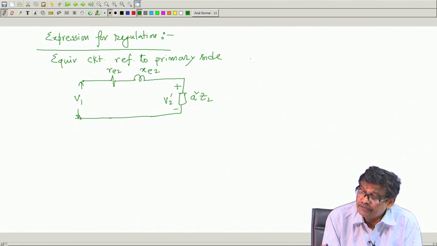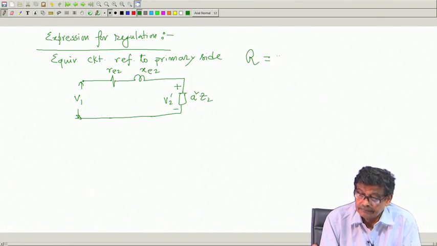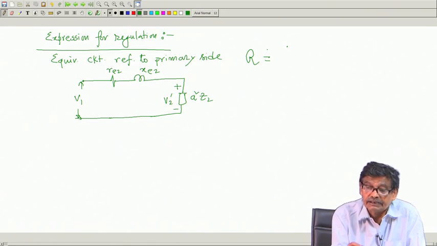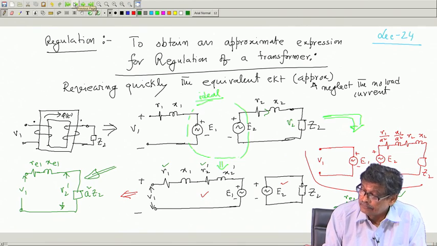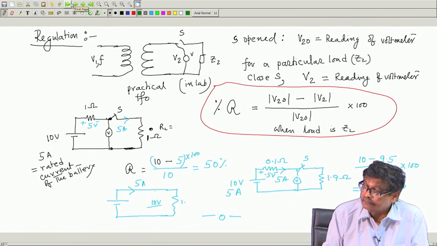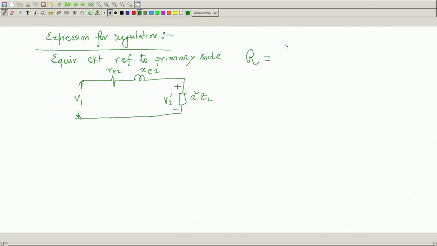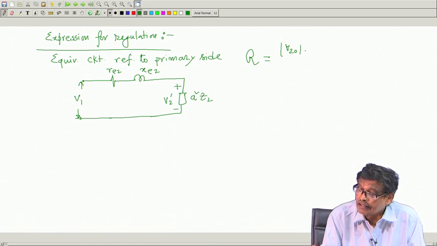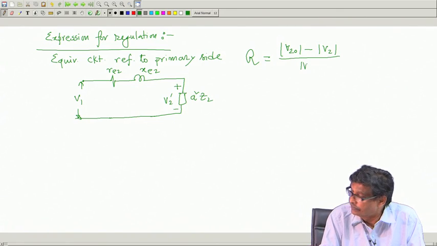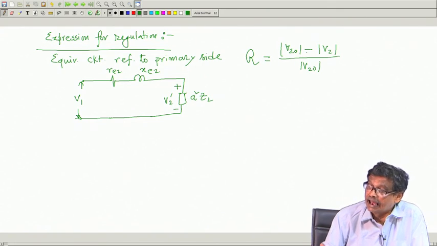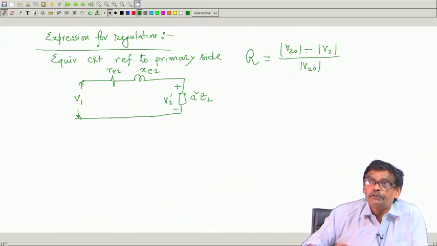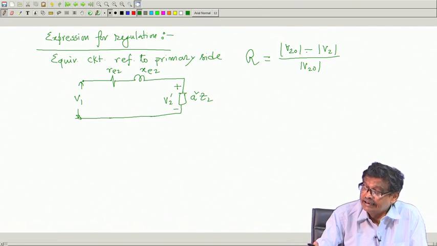And we have defined the regulation as magnitude of secondary voltage, that is where I wrote V 2 0, magnitude of V 2 0 minus V 2, divided by magnitude of V 2 0, is not, that was the regulation, and all quantities here were with respect to the secondary side.